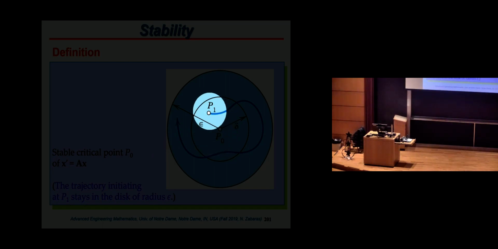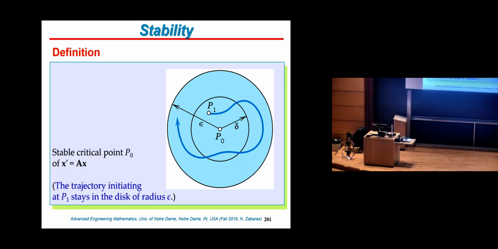We're going to take a trajectory within some sphere around the critical point that has a radius delta. So generally, we're going to say that this point is stable if any trajectory that starts within the sphere of radius delta is going to find itself at a later time within another sphere of radius epsilon that's a function of delta.